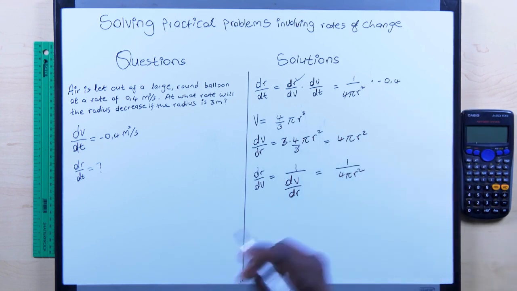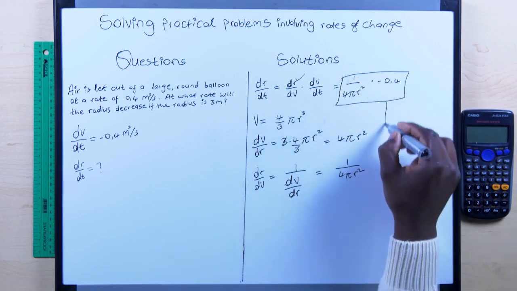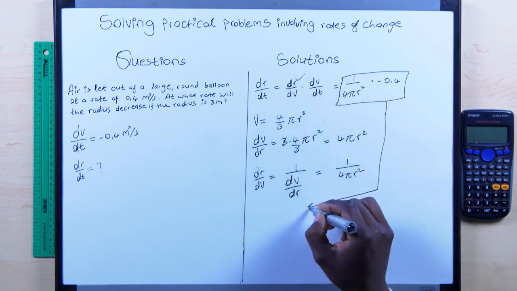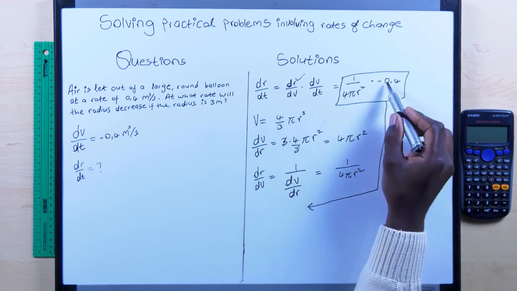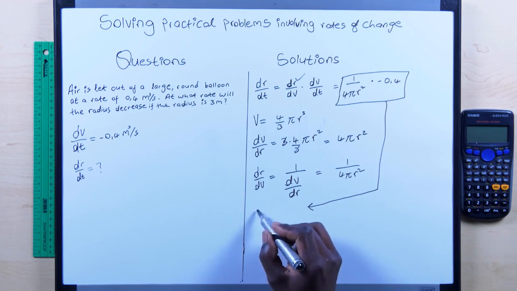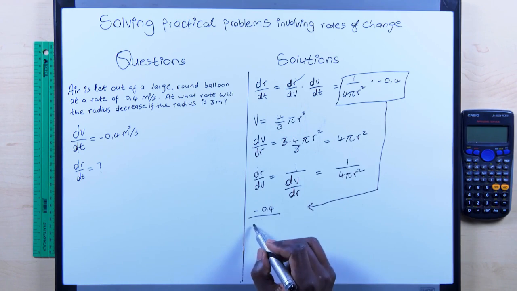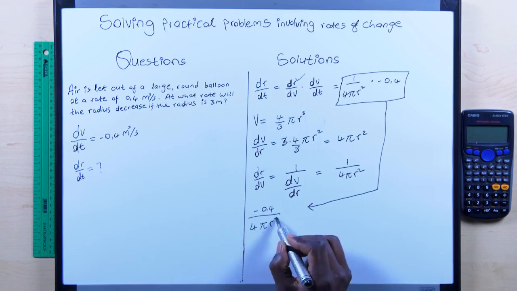What does it give us? It gives us negative 0.4 times 1, which is negative 0.4, all over 4 pi r squared.